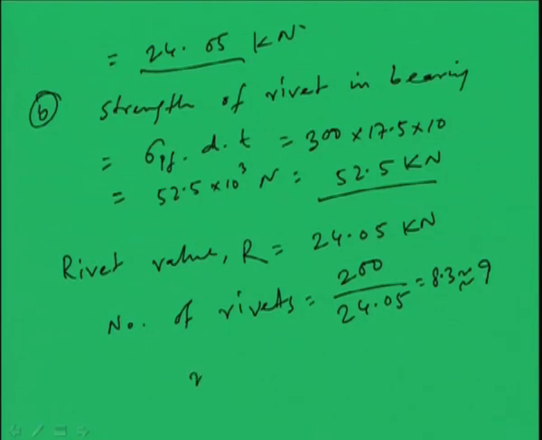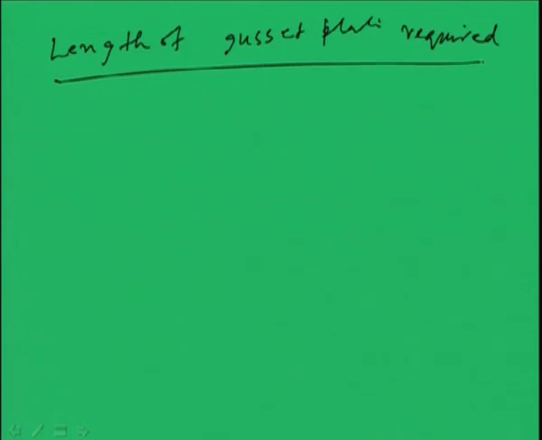Okay, so the number of rivets is becoming 9. Okay, now we have to place these 9 rivets properly. So for placing this we have to see the length of gusset plate required, because the length of the gusset plate is restricted.